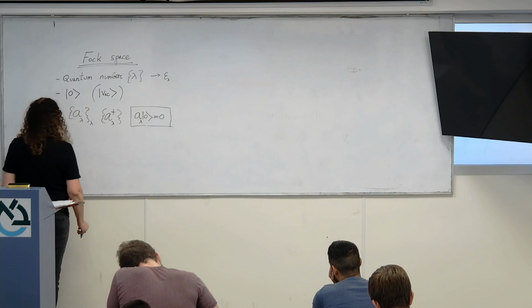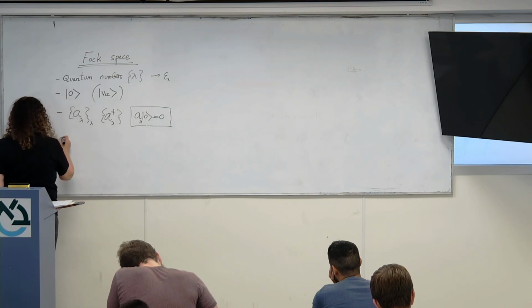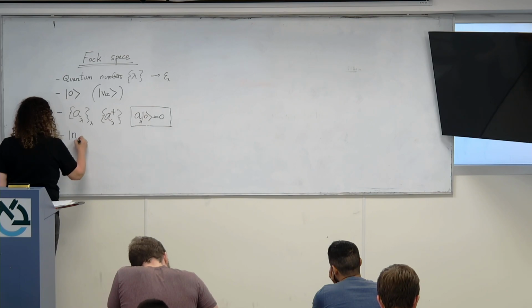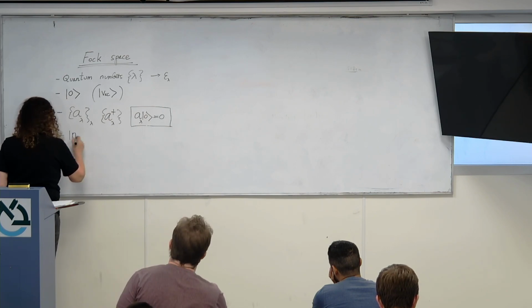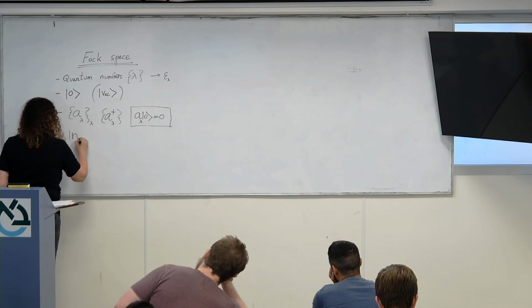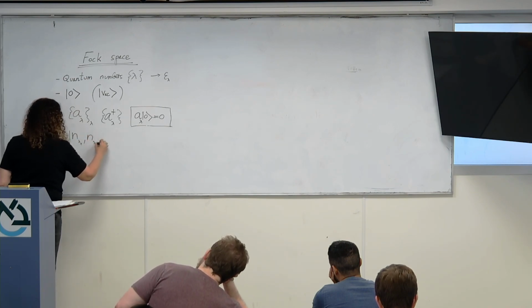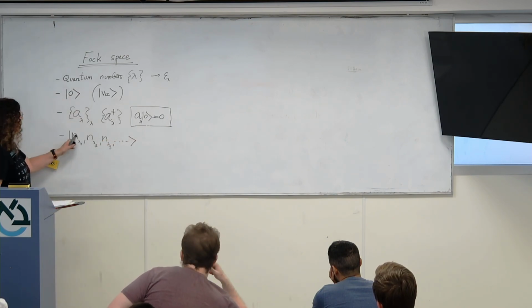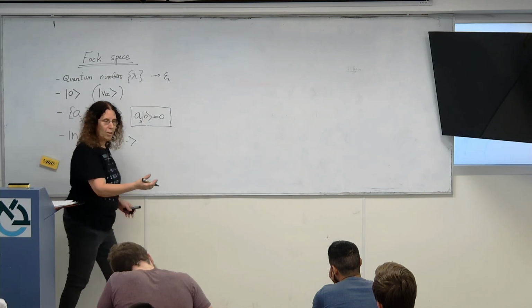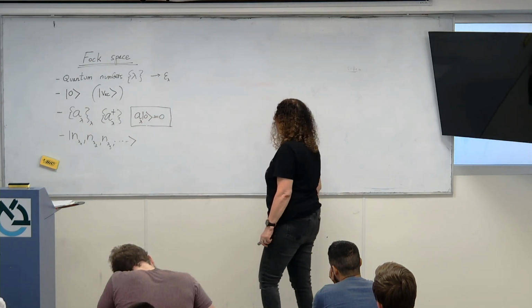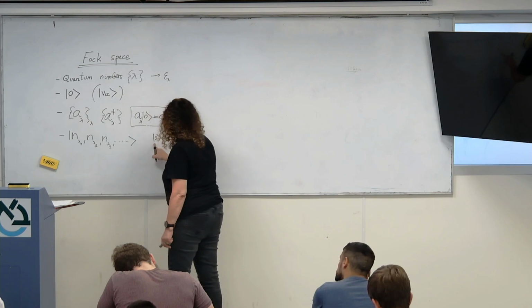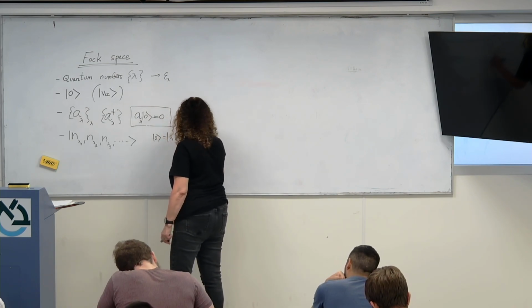Okay, and then our states, the general basis of states, are going to be of the form n lambda 1, n lambda 2, n lambda 3, etc., where n describes the occupation of the state lambda, and therefore in this notation the vacuum is just a state where everything is 0. Okay?